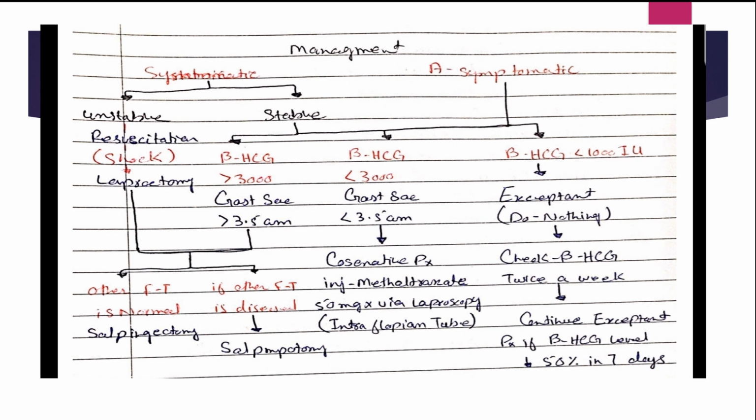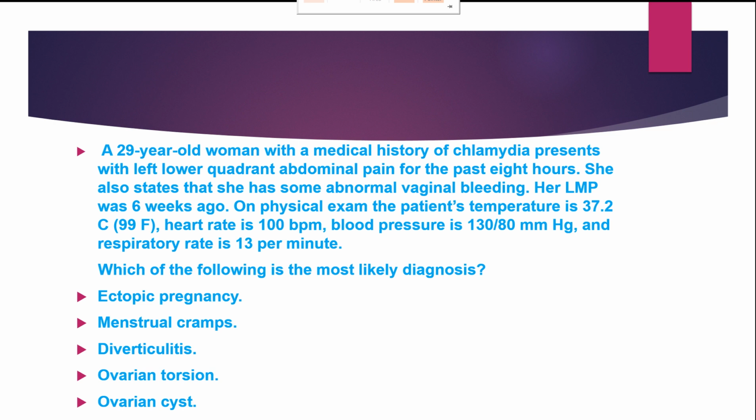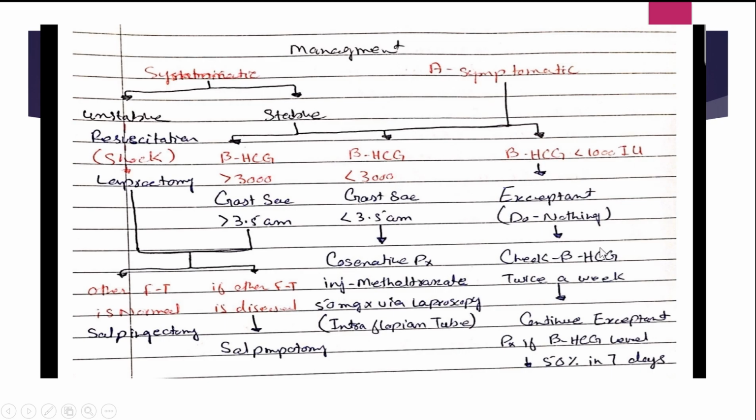It's because basically the body itself will destroy the ectopic mass. How? Via apoptosis. So here you don't need to intervene, because the body itself will get rid of the ectopic mass.